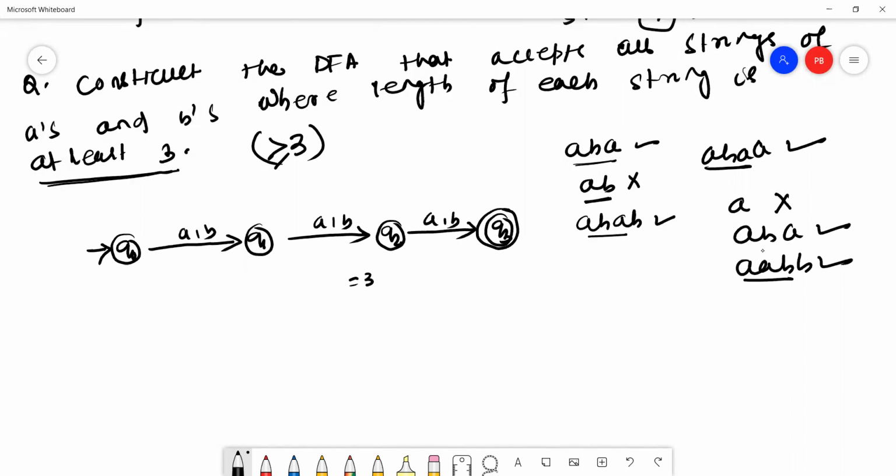It satisfies the minimum condition, which means we can take any number of A's and B's. Then it must be greater or equal to 3, so here is a self loop of A and B, meaning it can take any number of A's and B's.